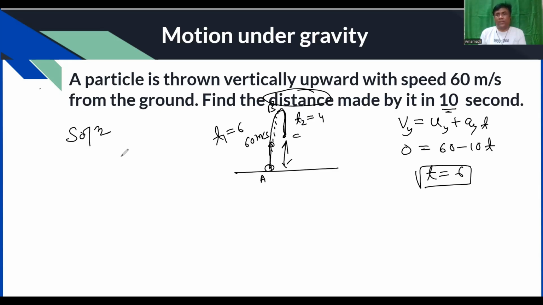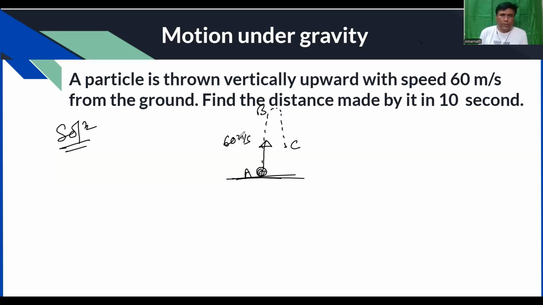Directly use the formula Sy equal to Uyt plus half Ayt square. But distance calculation is not done like that. Distance calculation, first you have to calculate this much. Then you have to calculate this much. Okay. Actually, for distance, you have to segregate the things.